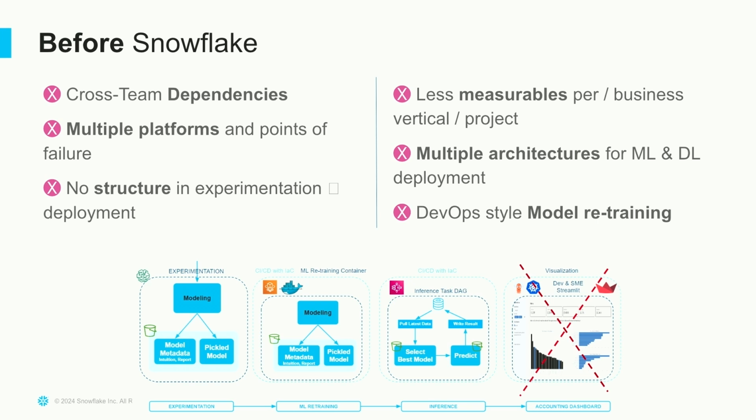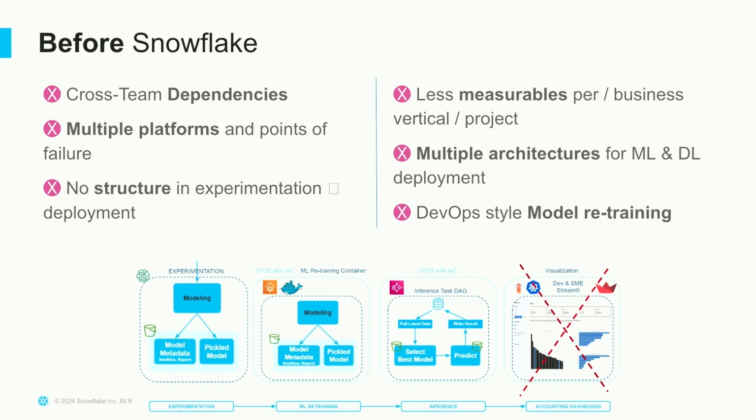You see multiple platforms and multiple services here, so there were a lot of points of failure for us. And there was no structure from experimentation to deployment; there wasn't any universal structure that we were following. We do experimentation however the project's problem statement demands, and then we go from there. There wasn't a universal structure for ML, different projects, and even deep learning. And there were fewer measurables, as I talked about. There wasn't an easy way to know the number of models in production, how much you are spending, and also aggregating it back to business vertical and cost center.